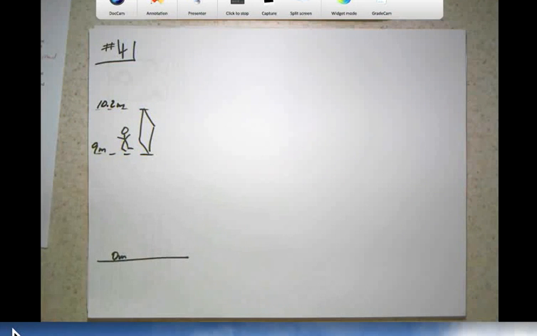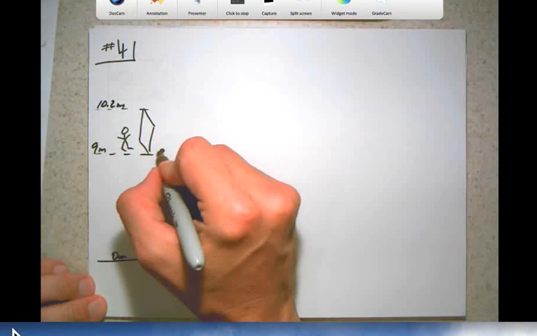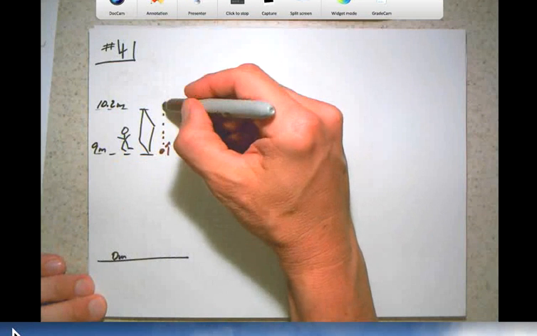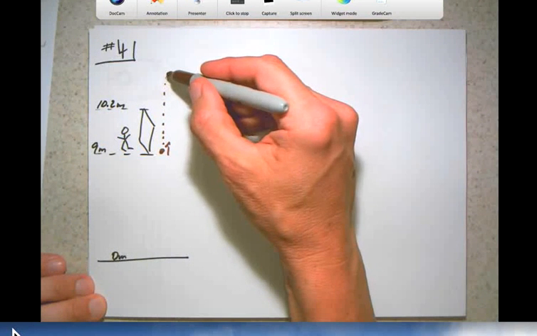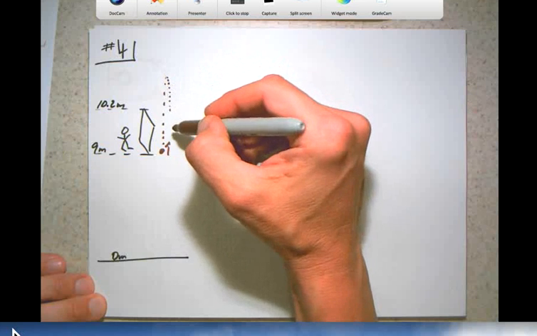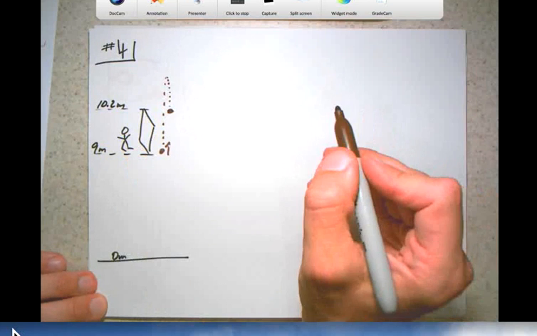And initially, the rock is moving upward, and it's going to go up, come to a stop somewhere above the window, and then come back down, and then it's going to be right here 1.7 seconds later.